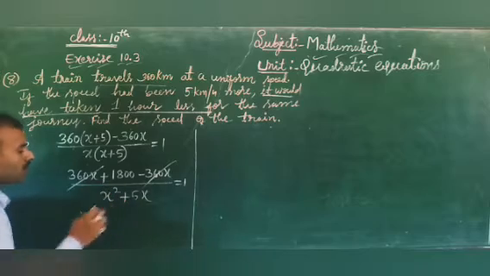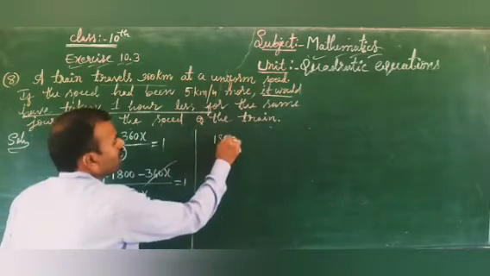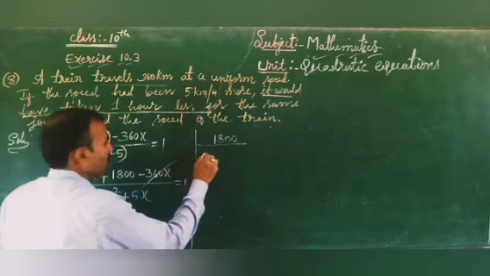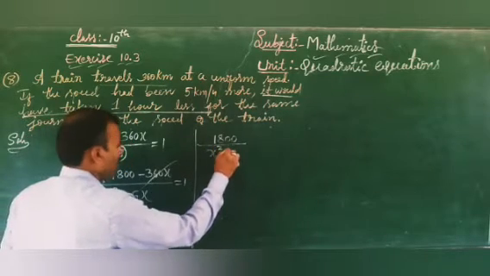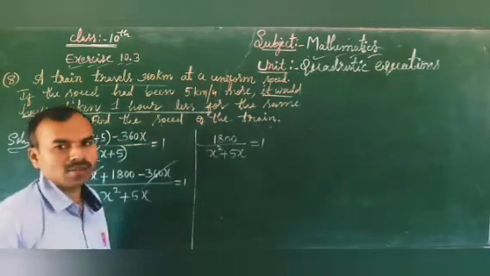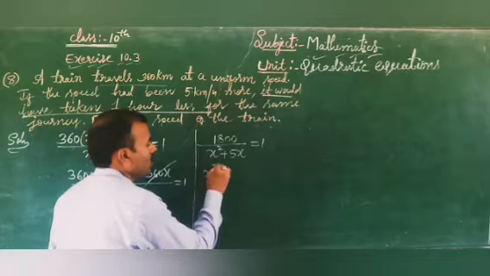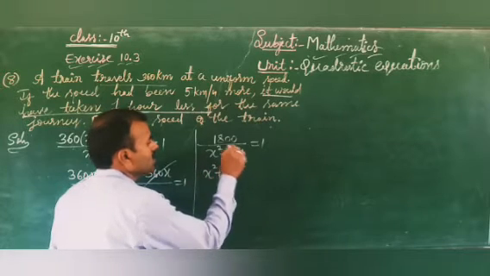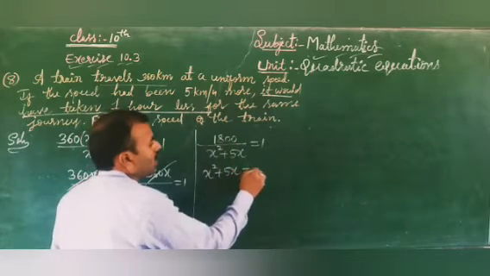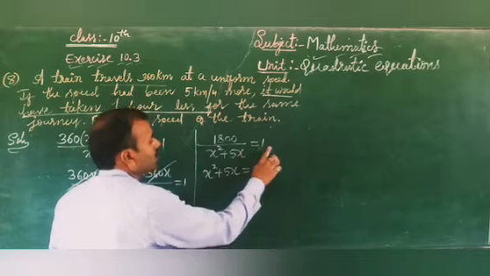Now write another step: 1800 by x square plus 5x equals 1. Now taking cross multiplication, x square plus 5x into 1 is x square plus 5x, and 1800 into 1 is 1800.